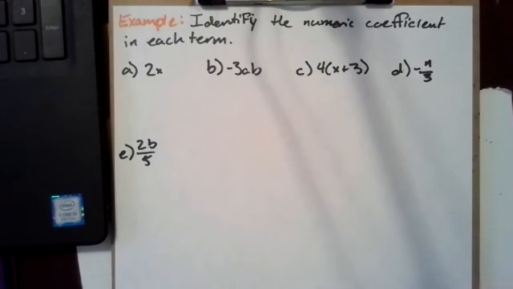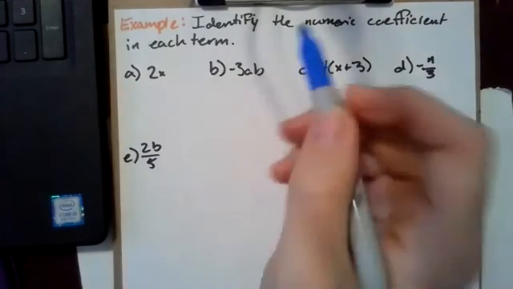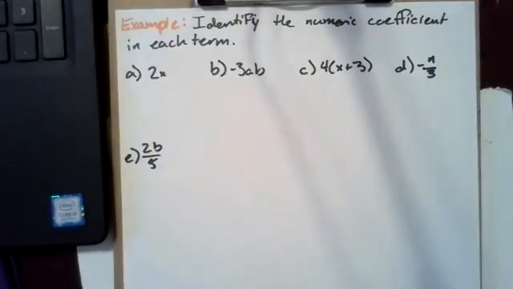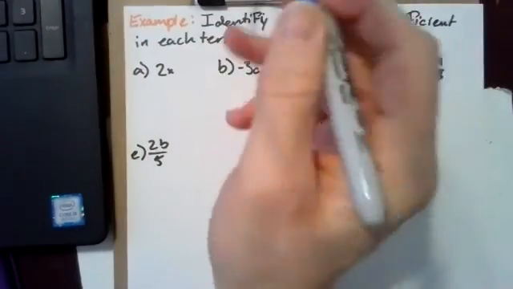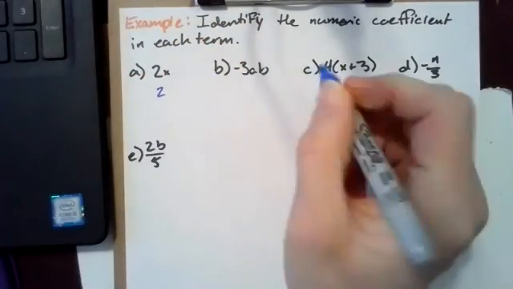For example, identify the numeric coefficient in each term. If we have 2x, the numeric coefficient, which I am just calling coefficient, is 2.